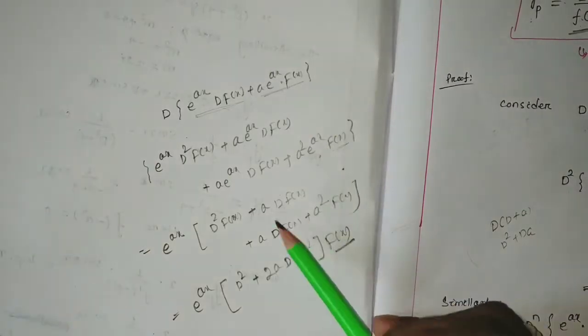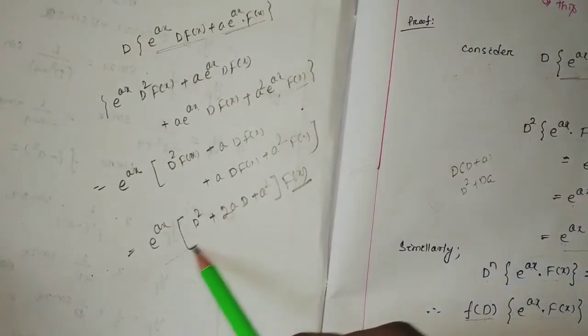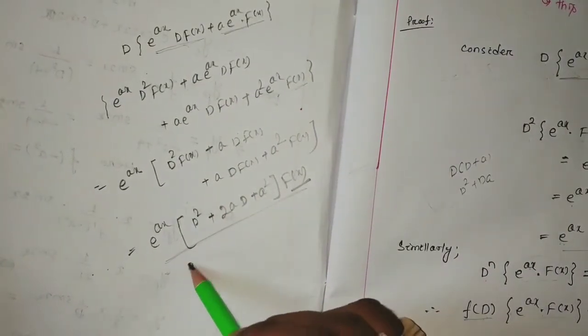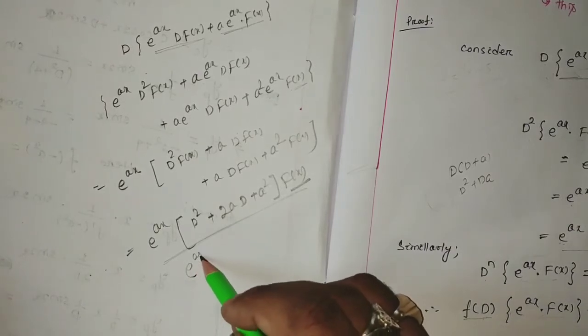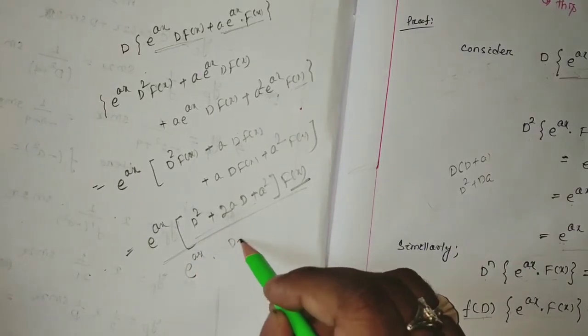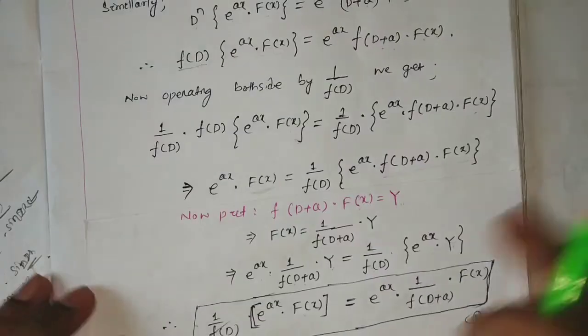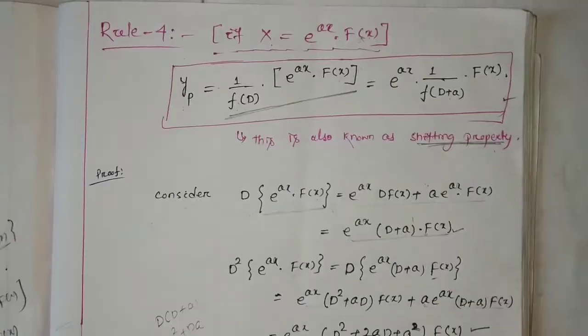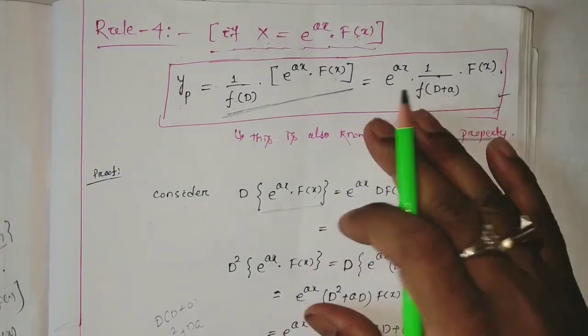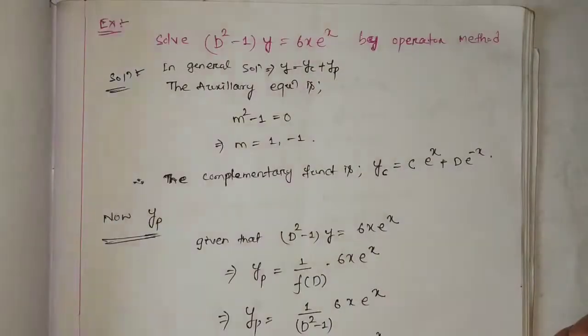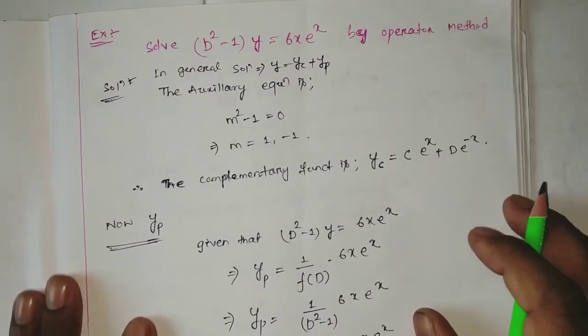So just simplify it. You also get the same answer, that will be e to the power ax, which is nothing but D plus a whole square into f(x). So don't be confused. Okay, so this is the proof of this theorem or property. Using this property, we are going to solve the numericals.